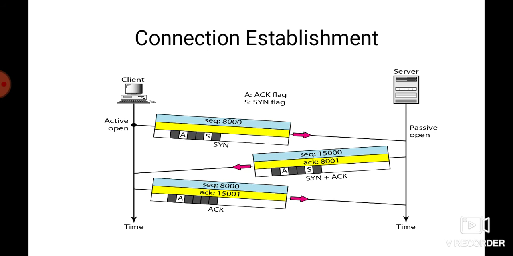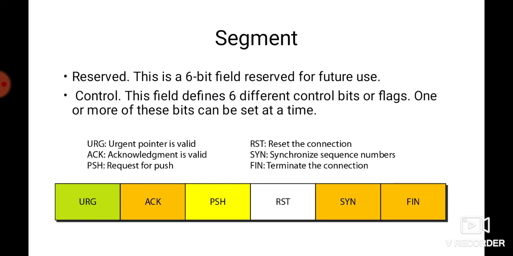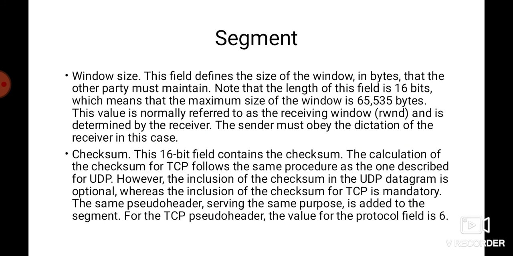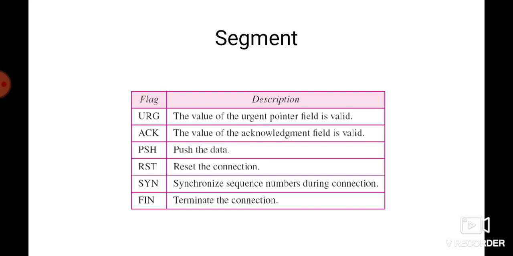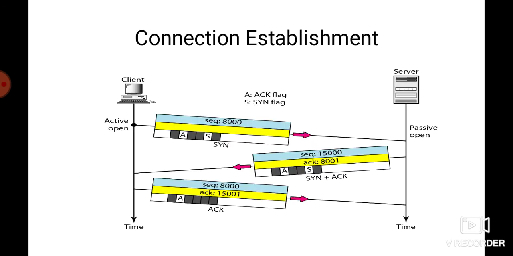Here, the client sends the first segment, which is a SYN segment, in which only the SYN flag is set. We have seen the flags in TCP. Initially we are synchronizing the sequence number, so in the initial transmission only the SYN flag is set.